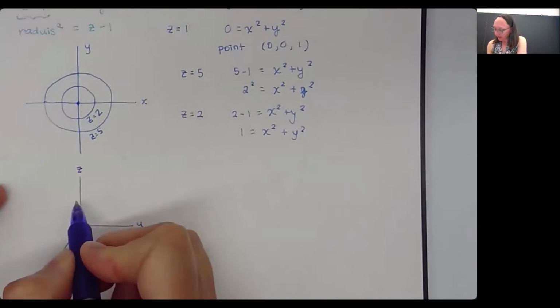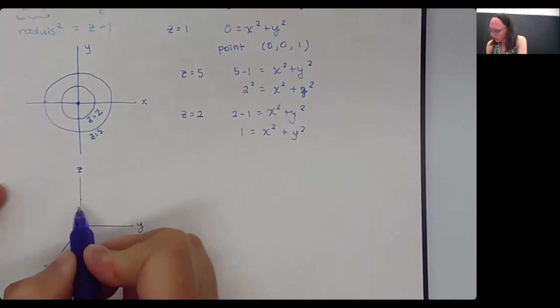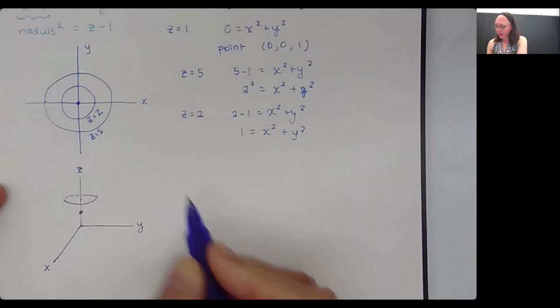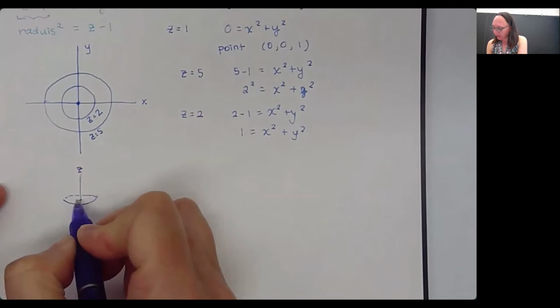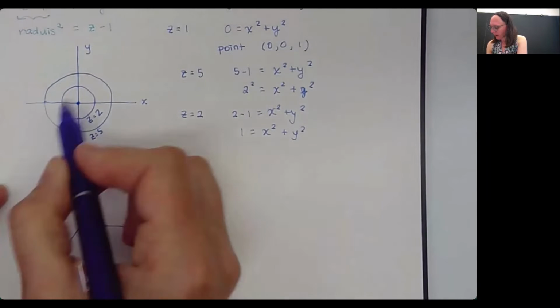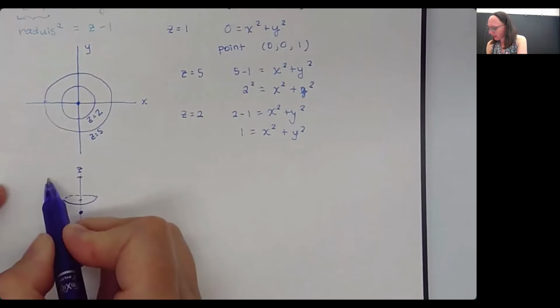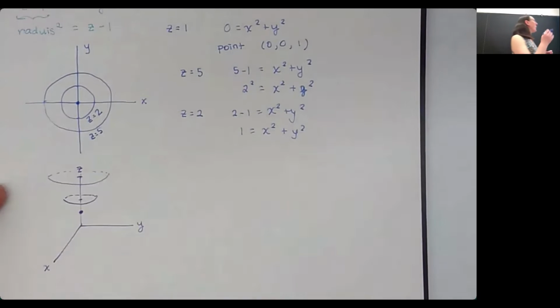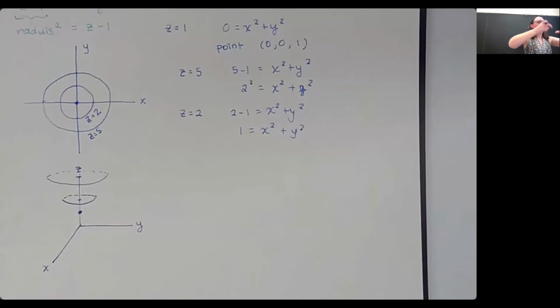But at a height of 2, we have a circle of radius 1. And then up at a height of 5, we had a circle with a radius of 2. So as we go up, we're getting bigger and bigger circles.